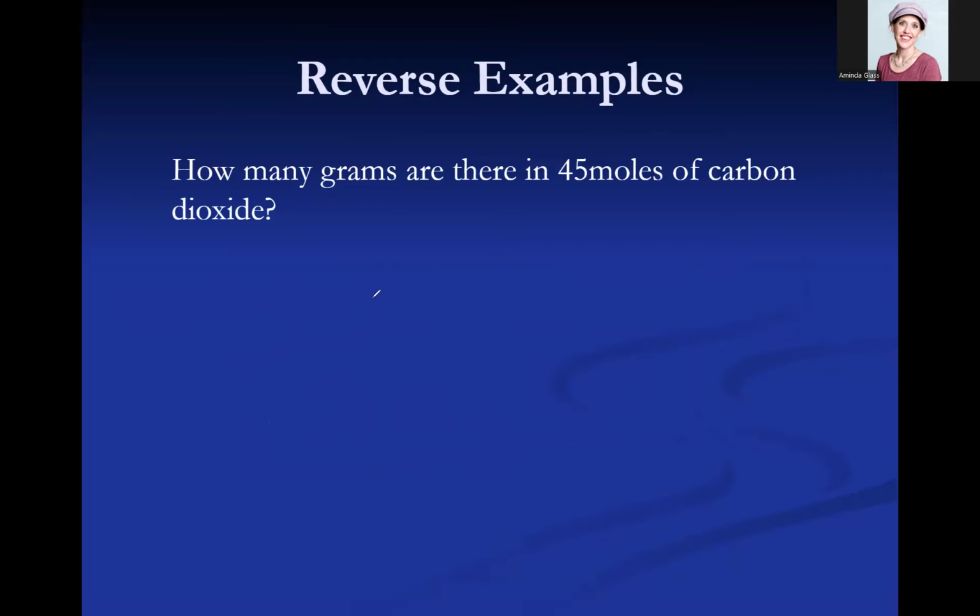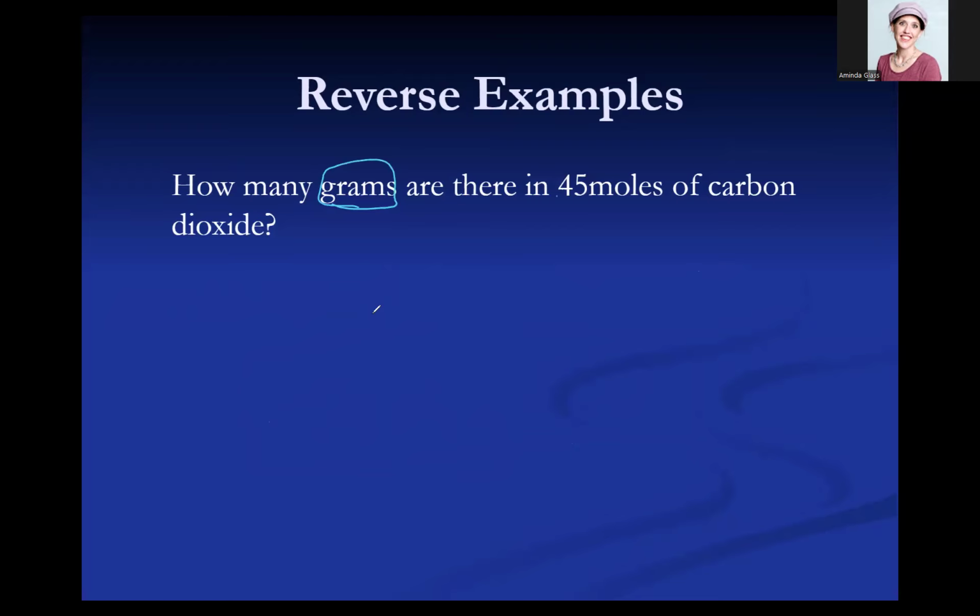Similar problem. How many grams are there in 45 moles of carbon dioxide? What are we starting with? Starting with 45 moles of CO2. What do we want? We want grams.